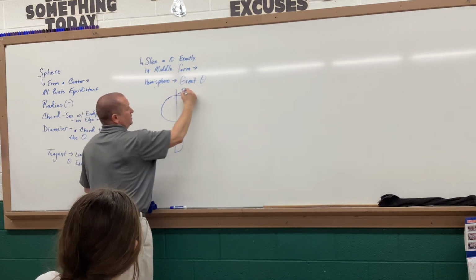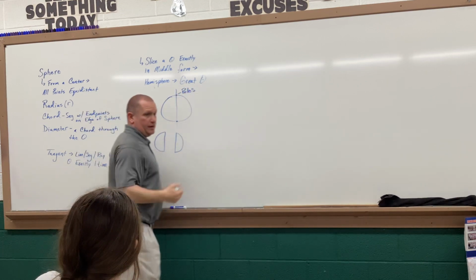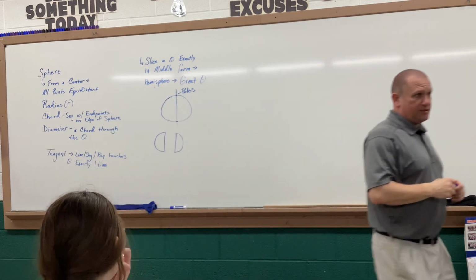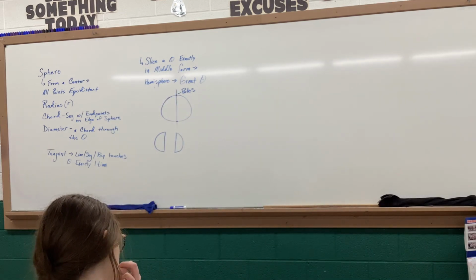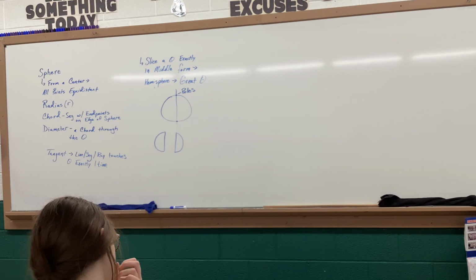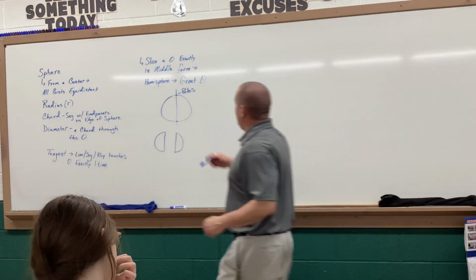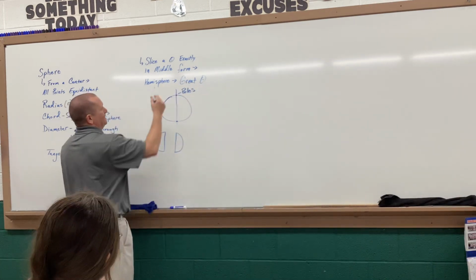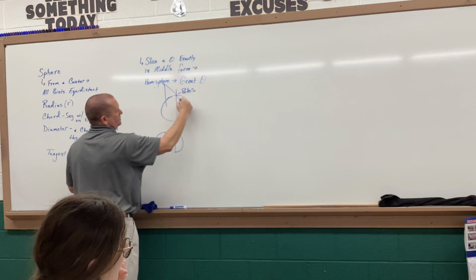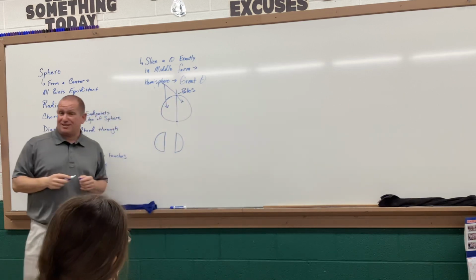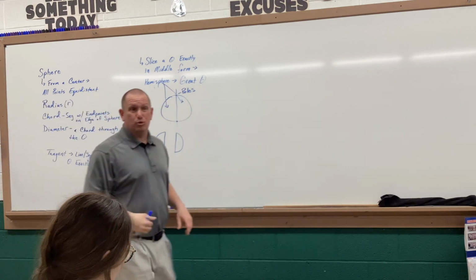So it's kind of like the North and South Pole, right? If we, again, talk about the Earth. That's kind of where they come from. And as I said then, if we do it at this exact point, each one of these is a hemisphere then.